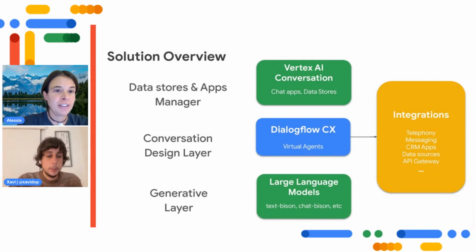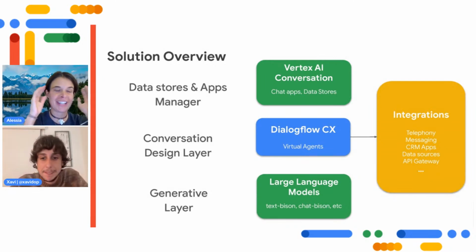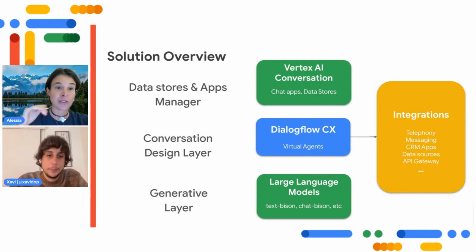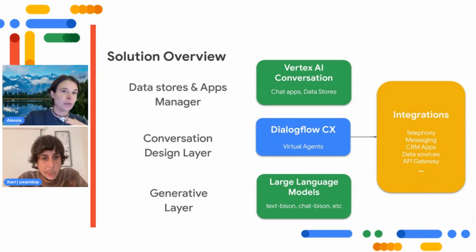So, Xavi, to recap a little bit and to make sure that, with all these new generative AI things and these new entries, we're all on the same page. Dialogflow CX remains the tool to design amazing conversational experiences that potentially call backend services or integrate with voice or other channels.